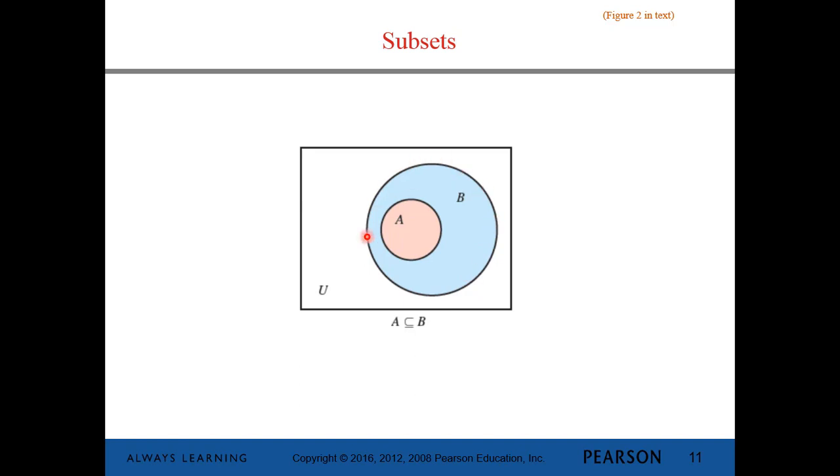Then in there we have 2 sets, set A and set B, and notice that set A is inside set B. In this case, we would say that A is a subset of B because A is contained inside B. Because it's a subset, not a proper subset, it would also include the case that A and B are equal to each other. But for the time being, for a subset, we usually write one circle contained inside another circle.